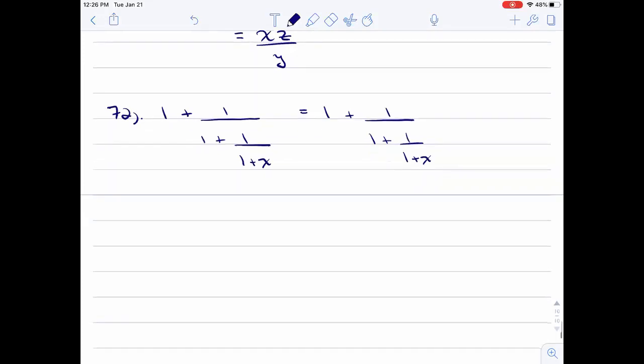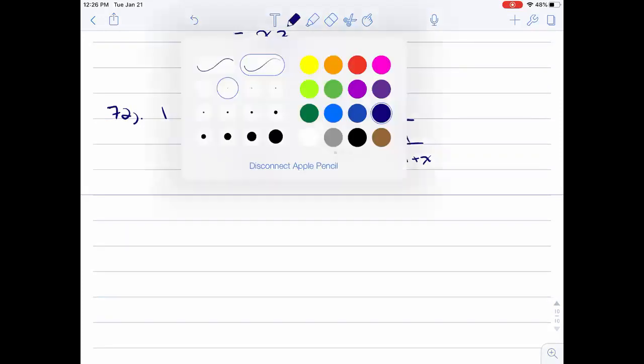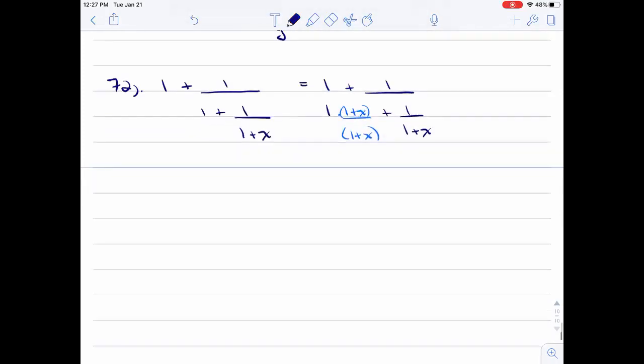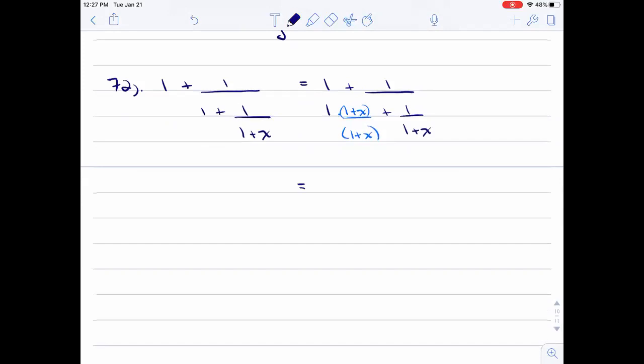Multiply by 1. So I'm going to scoot this over here and say 1 times 1 plus x over 1 plus x. I'm just multiplying that 1 by 1, which doesn't change anything, so I'm able to eventually combine these into a fraction.